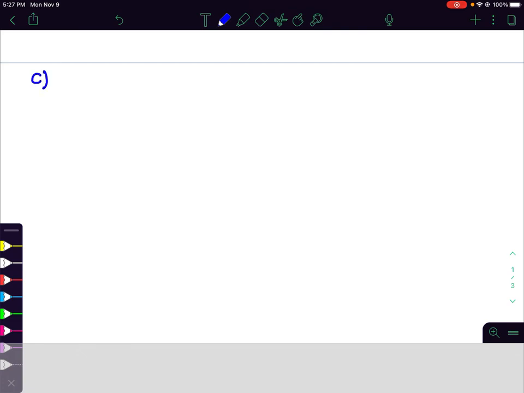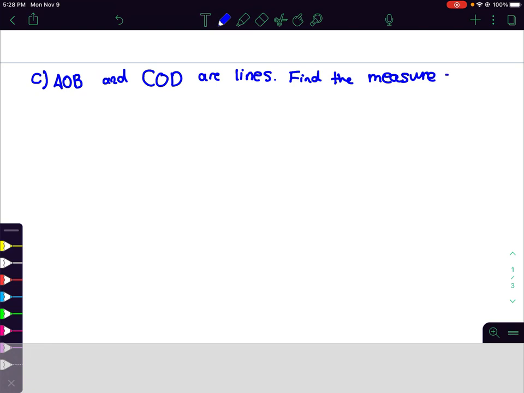Example C. It's telling us AOB and COD are lines. Find the measure of angle DOB.